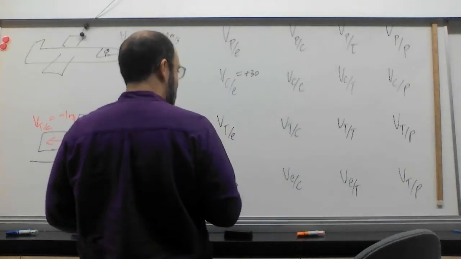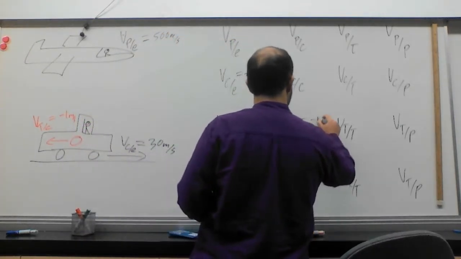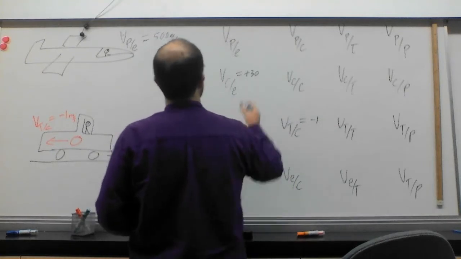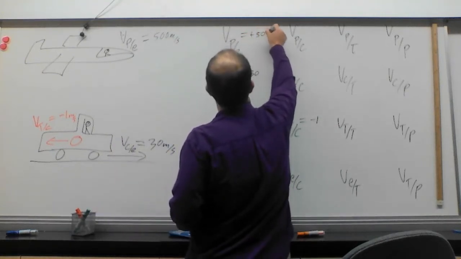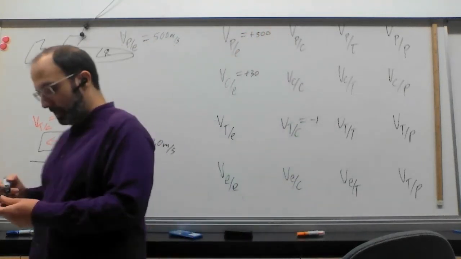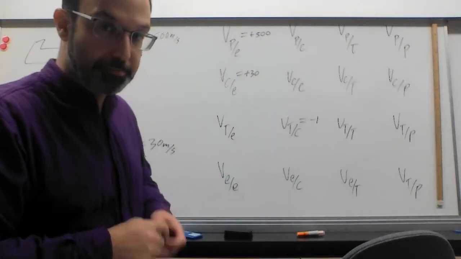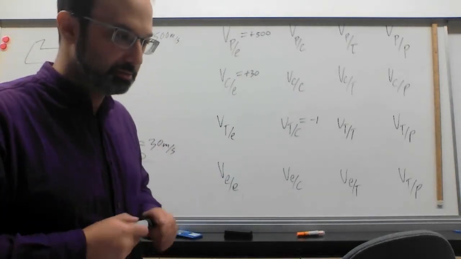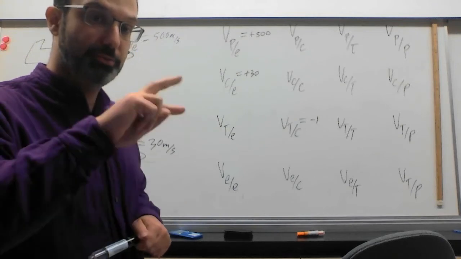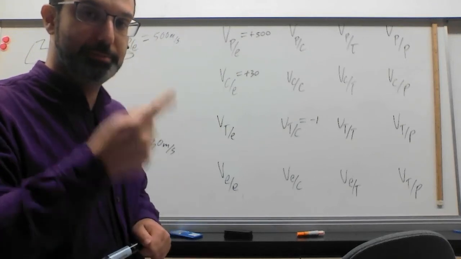The velocity of the trash with respect to the car, we also know that's minus 1. And the velocity of the plane with respect to the Earth is plus 500. So those three we have from the beginning. Now, the last rule of our relative motion rules, Rule 6, says that if you flip the letters, you just flip the signs.